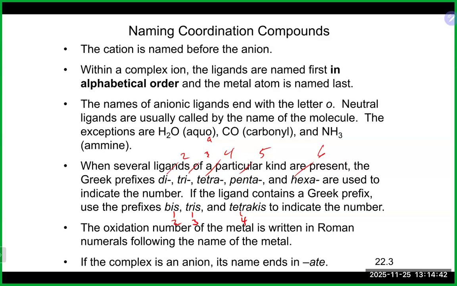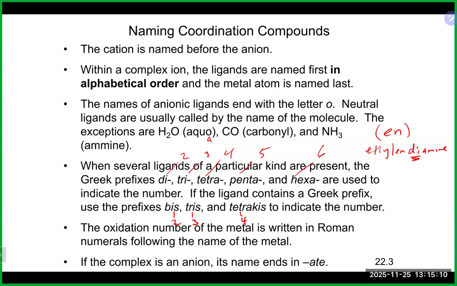An example of that is the one that's abbreviated most of the time with en. That is ethylenediamine, because it has the word di in its actual name. If you have more than one of those, say you had two of them, you would not use di-en, you would use bis-en. So there are certain ligands that actually have a prefix as a built-in part of their name.